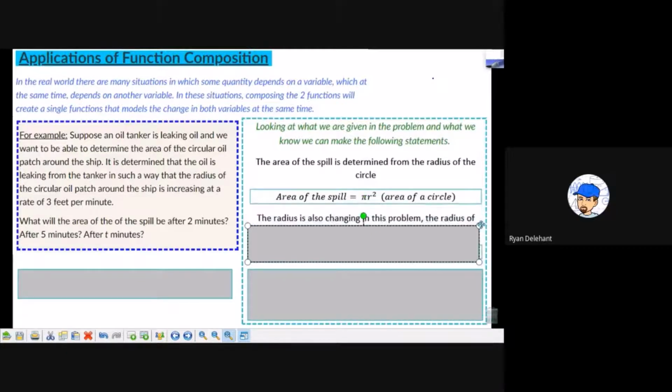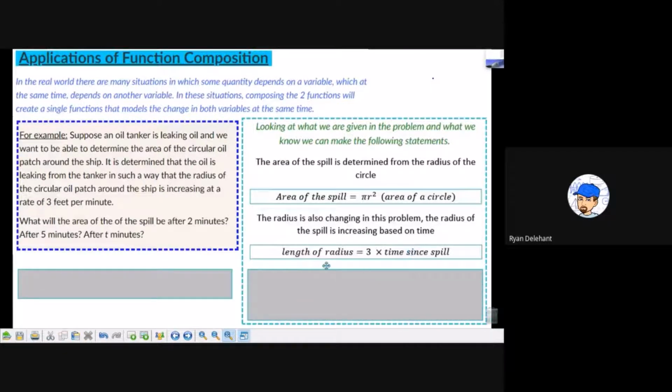But I'm also given something else. The radius is changing in this problem based on time. It keeps increasing. I know that the length of the radius is going to be 3 times the time. It's going to increase by 3 every minute of the spill.